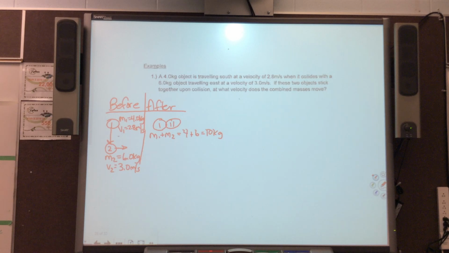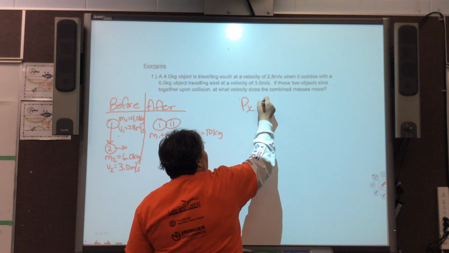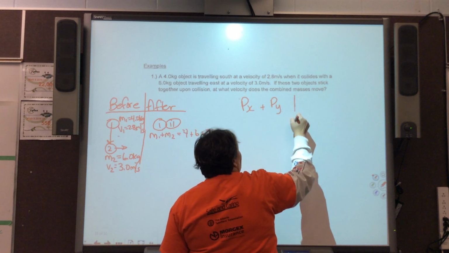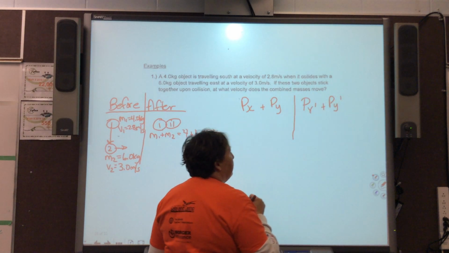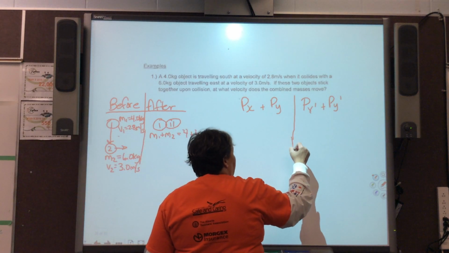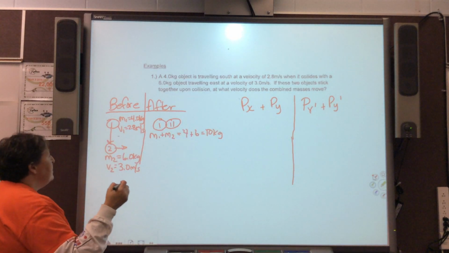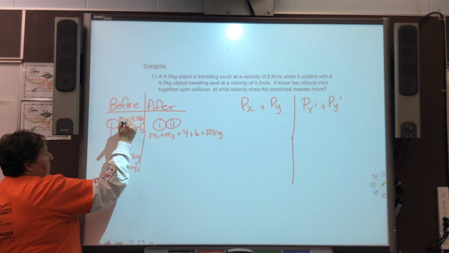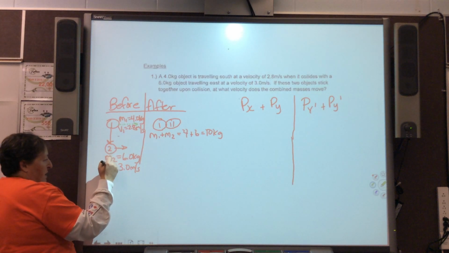The next piece of information that we know without calculating is that we have these things to consider. We have P of x plus P of y before, P of x prime and P of y prime. So P of x originally would be this way, and P of y on number 2 would be this way.